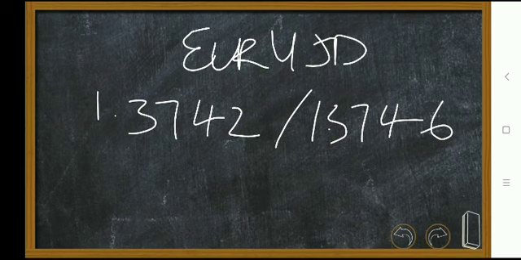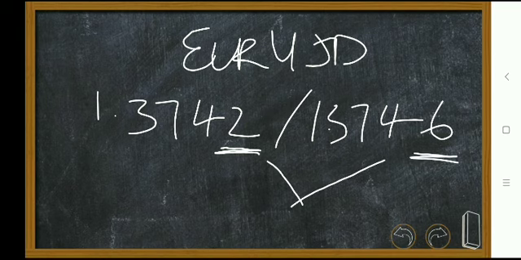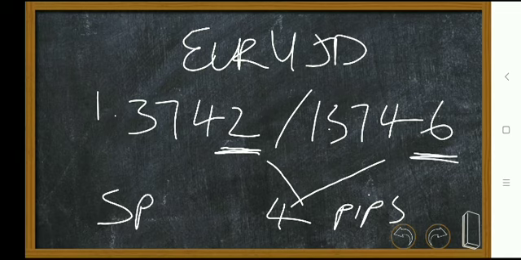If you use the knowledge from the last video, you will see that there's a difference between these two numbers. They differ by 4 pips. That is what we call the spread. The spread for this price is 4 pips.